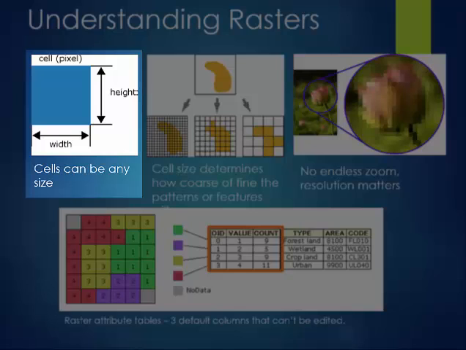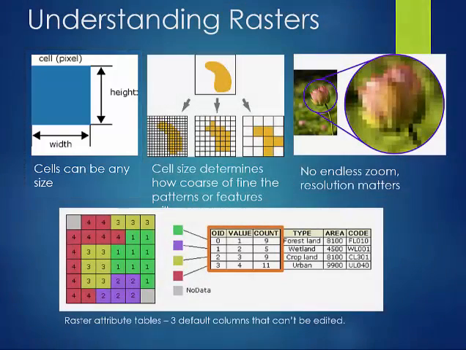by the raster dataset and the features within the surface, such as a square kilometer, square foot, or even a square centimeter. The cell size determines how coarse or fine the patterns or features in the raster will appear. The smaller the cell size, the smoother or more detailed the raster will be.